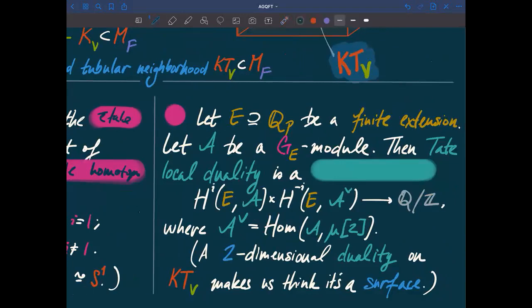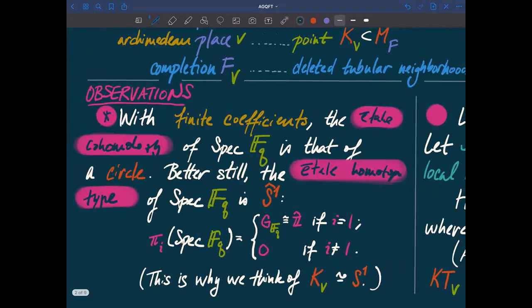May I ask a naive question? Of course. So in the Étale cohomology case, is there an action of the Galois group of F_q bar over F_q, or just the Frobenius basically in this case? Well, I'm just looking at the Étale homotopy type of Spec F_q itself, not of something larger, not of Spec F_q bar.